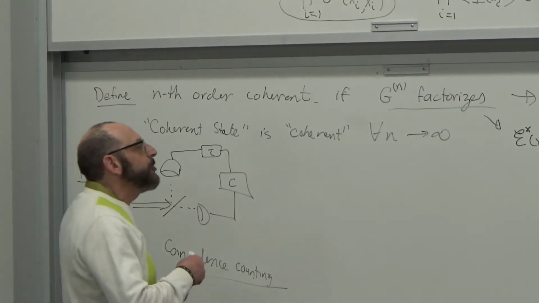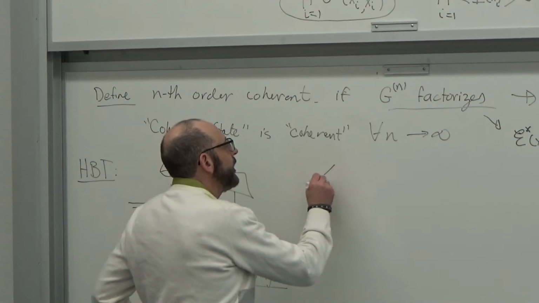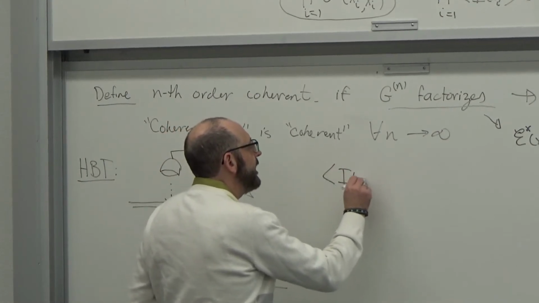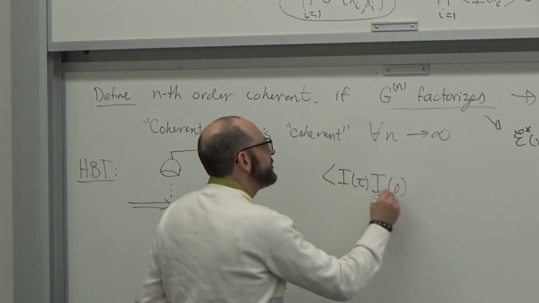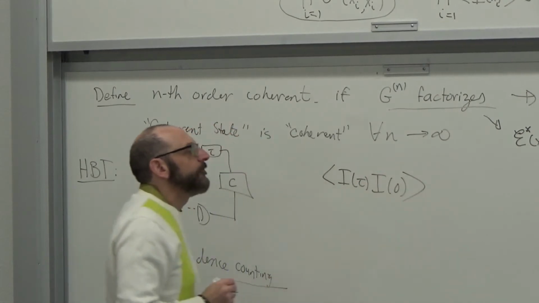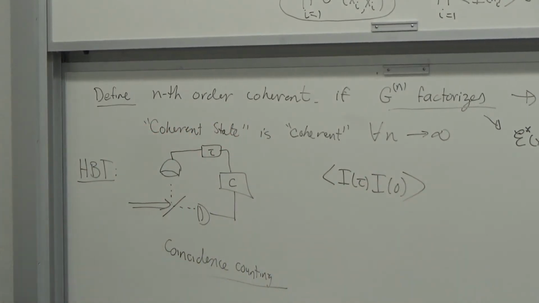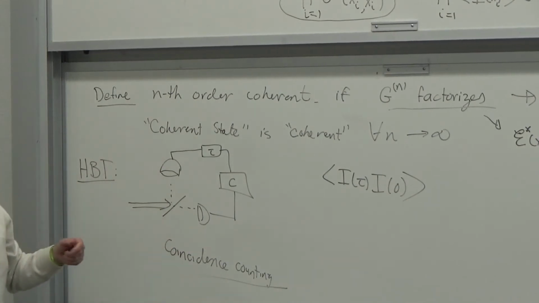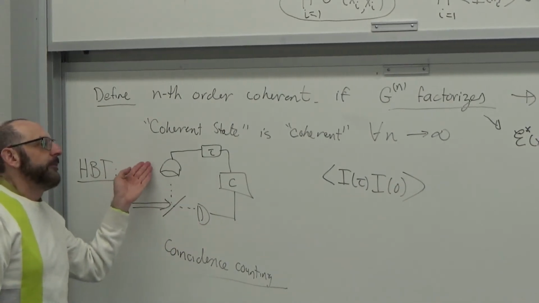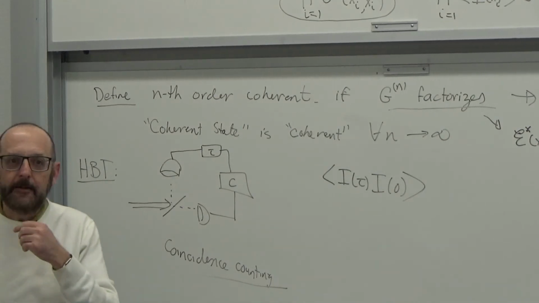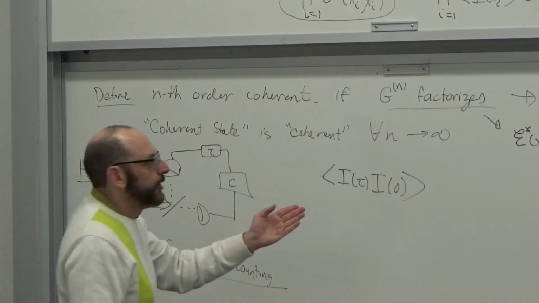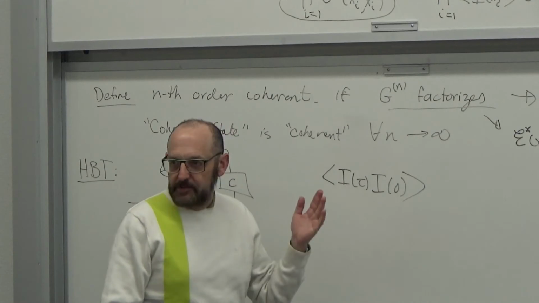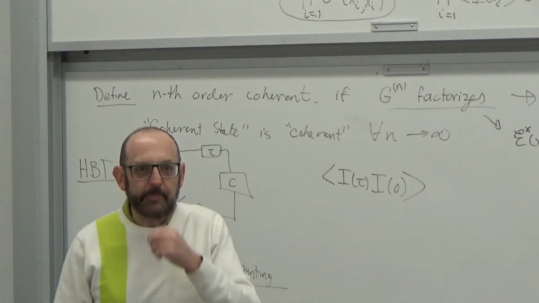Now, in the Hanbury-Brown Twiss experiment, we thought about photocurrents, as we said, just the correlation between the photocurrents, which are related to the intensity incident at some time and some later time tau. Okay, and that was what was measured in the original Hanbury-Brown and Twiss experiment.